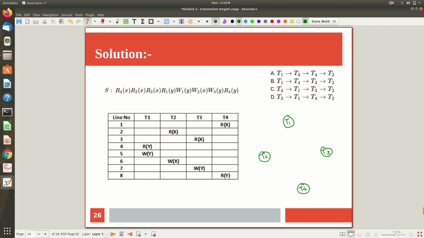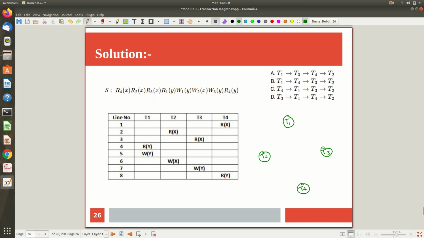Edges are going to focus on the conflicting operation. Now hope you remember what a conflicting operation is. First of all, it should occur in 2 different transactions, Ti and Tj. Talking about 2 operations within the same transaction and calling them conflicting is meaningless.